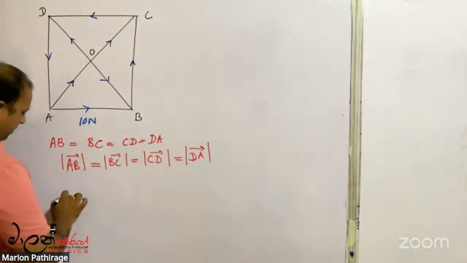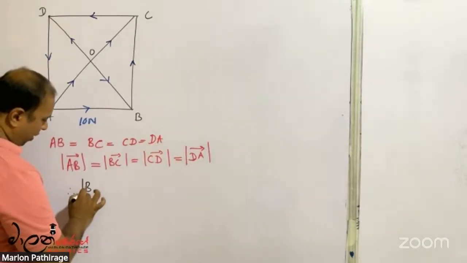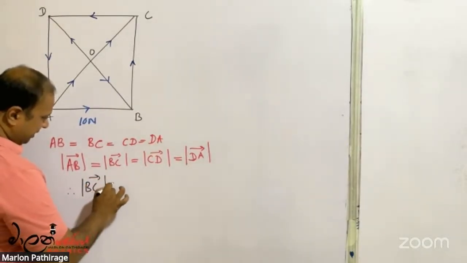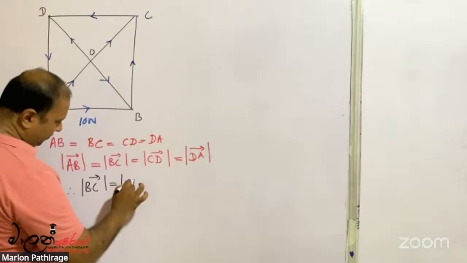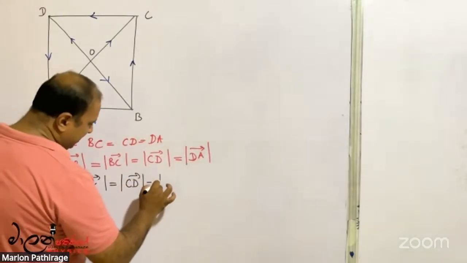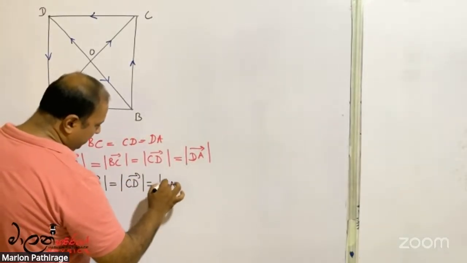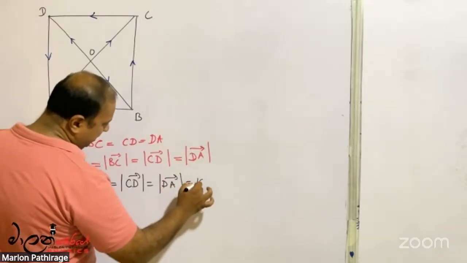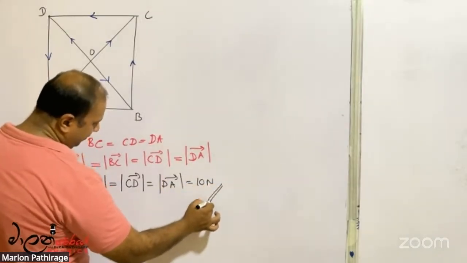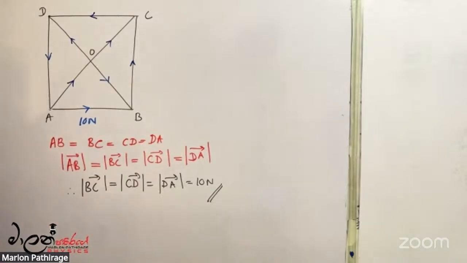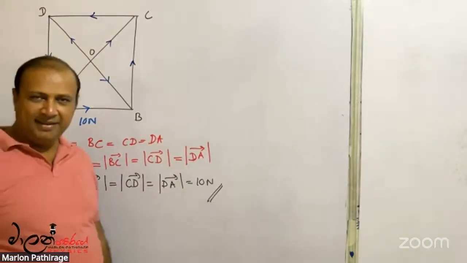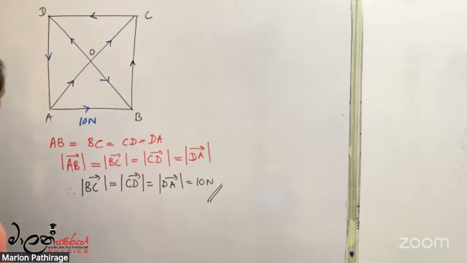Therefore, magnitude of BC vector is equal to magnitude of CD vector, and that is equal to magnitude of DA vector, which is 10. Okay, one is okay. The other one is AO.